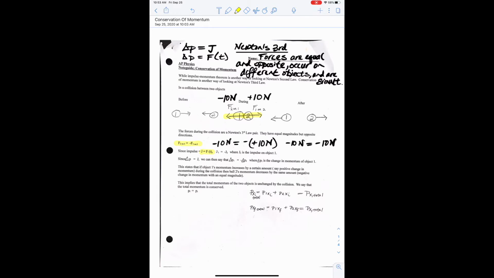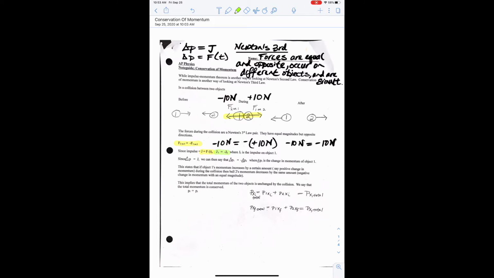What I'm trying to say is that impulse is going to have a sign, right? Because impulse has the same force value, instead of saying F of 2 on 1 equals negative F of 1 on 2, we can also state J1, the impulse on object 1, is equal to the negative of the impulse on object 2.